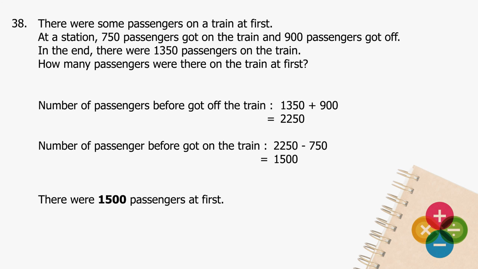The number of passengers before they got off the train will be, add 1,350 to 900, and the sum is 2,250. The number of passengers before they got on the train will be, subtract 750 from 2,250, and the difference is 1,500. There were 1,500 passengers at first.